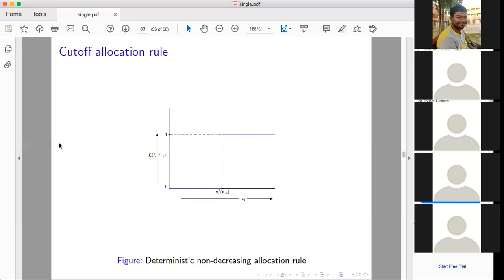For deterministic mechanisms, non-decreasingness essentially implies a cutoff allocation rule, which means that for every agent and for every t minus i, there is a cutoff point above which the agent starts winning the object. And the cutoff point essentially determines the payment the agent makes if he wins the object.